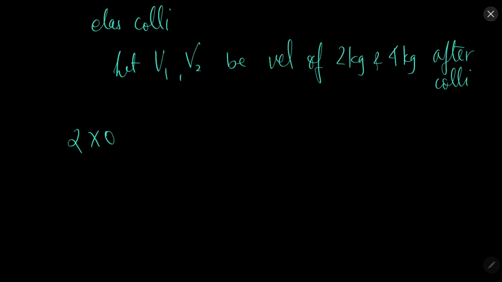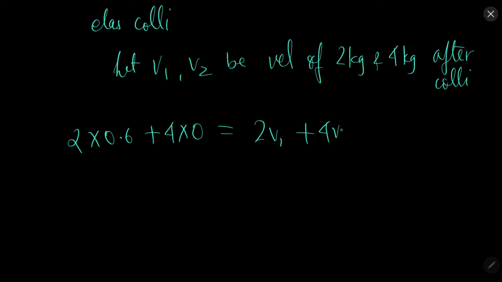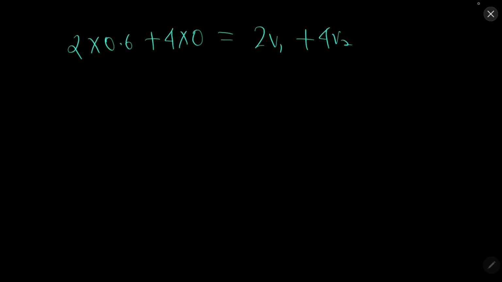So 2 into 0.6 plus 4 into 0 equal to 2v1 plus 4v2. Now after this, v1 plus 2v2 will be 0.6. Let this be equation 1.